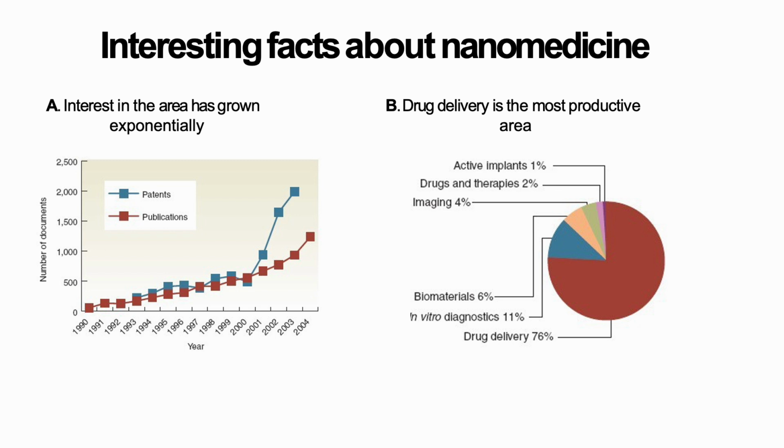These are the dots or rectangles in blue. And then you also have a very interesting increase in the trend of publications. This is the line with dots in red. When you look into drug delivery in the different areas, this is what we see on the right side of the slide. You see that the majority of the use of nanomedicine is in drug delivery.